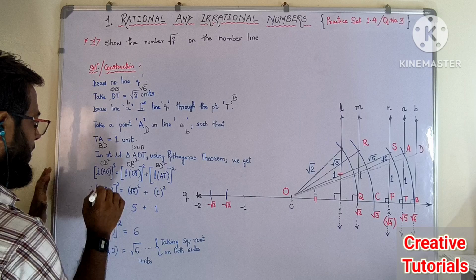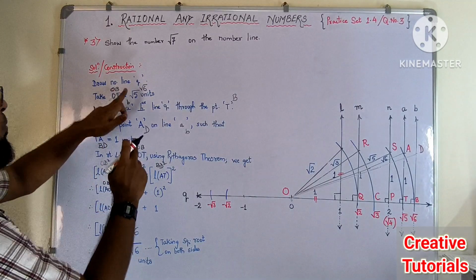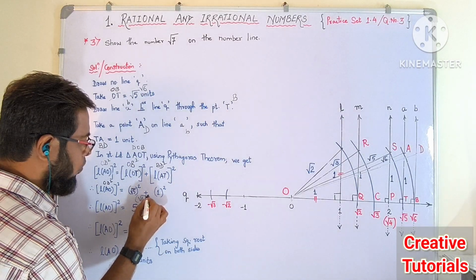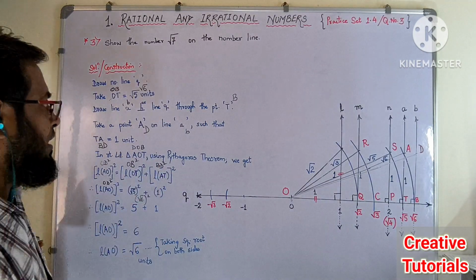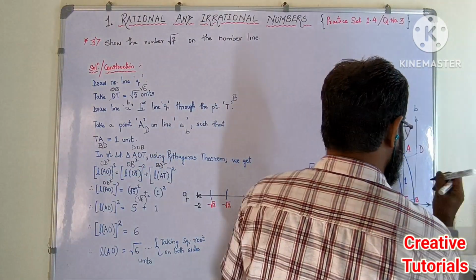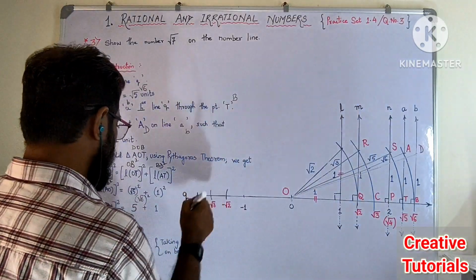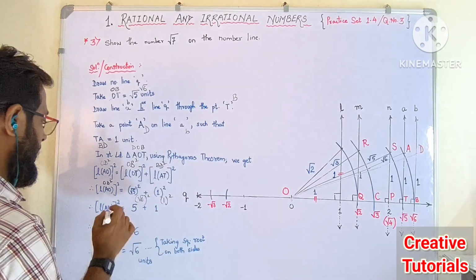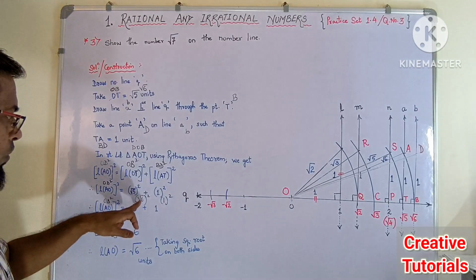So OD square is equal to OB square plus BD square. How much is OB? OB is root 6, so this becomes root 6 the whole square. Then BD comes in place of AT, and BD is 1 unit. Let me write 1 here so that it becomes very clear to all of you. So this remains as it is. Now OD square is equal to root 6 square.